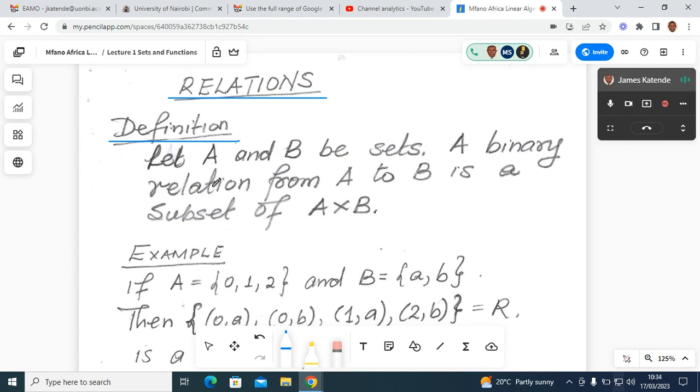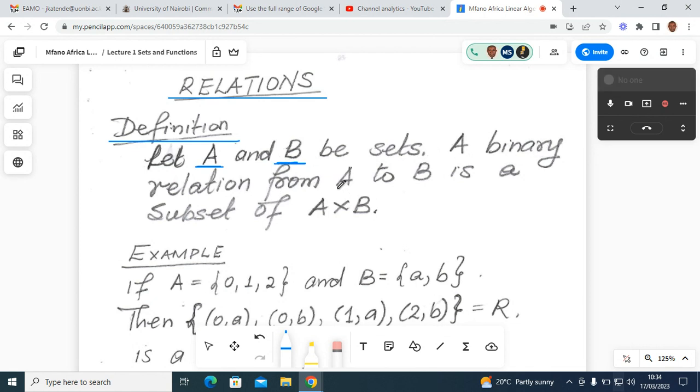This is relations. Suppose we have two sets. Generally, we want non-empty sets. I did not specify that, but let's make that assumption that we have two non-empty sets.